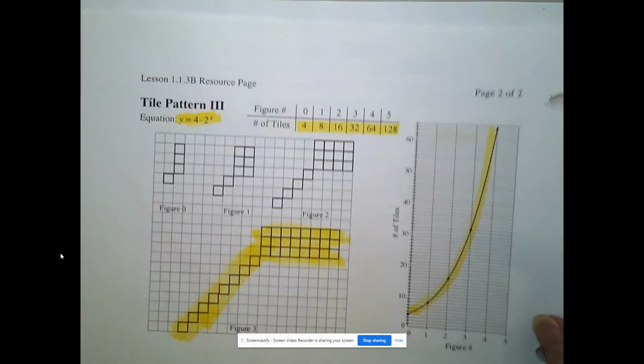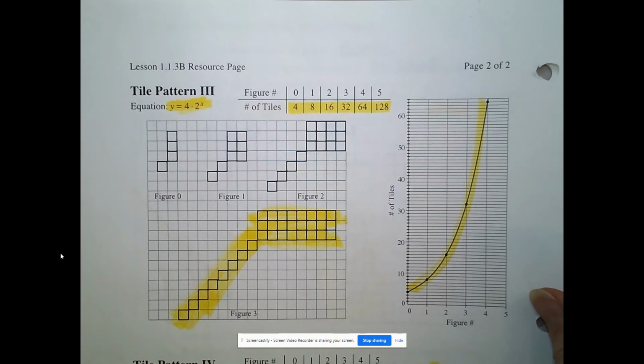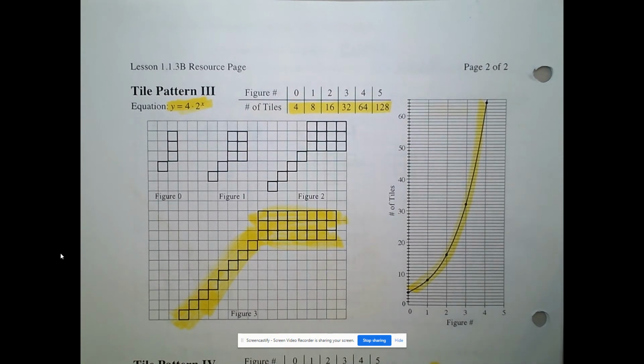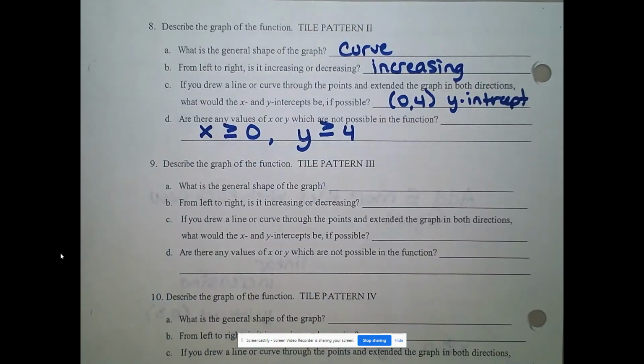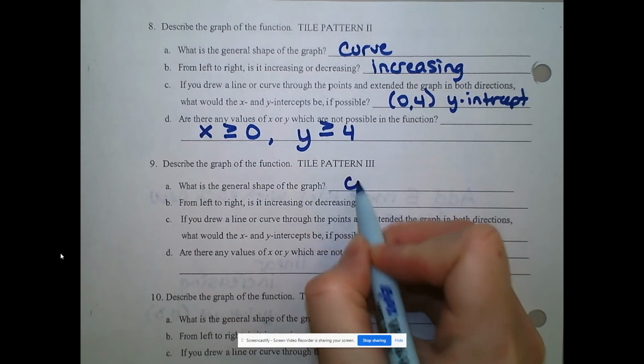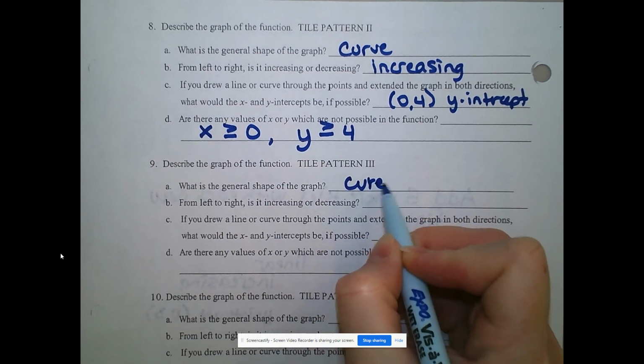Okay, so we just looked at tile pattern 3. This was the newest set on this video. This was first. It's definitely a curve, and it's definitely increasing from left to right. Also starts at 0, 4. X must be 0 or greater, y must be 4 or greater. So all of the descriptors actually stay the same for tile patterns 2 and 3. We said it was a curve.